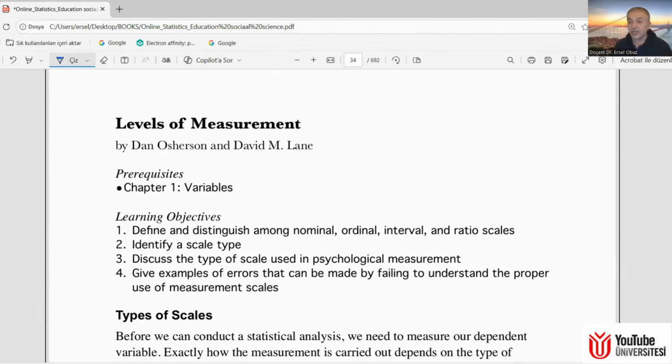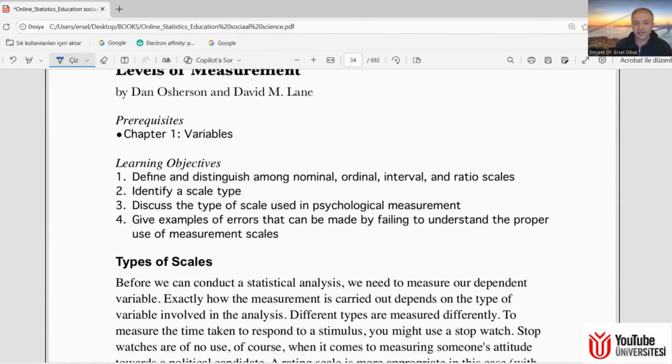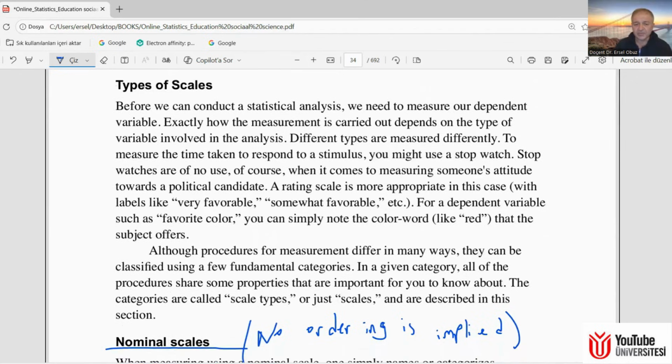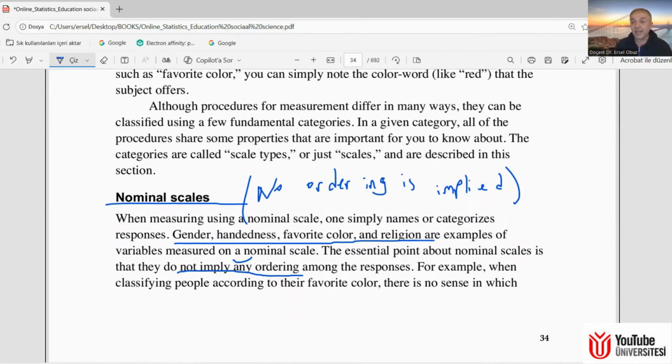We may also talk about level of measurement, another important concept. We have types of scales. We have nominal scales. When we say nominal, it means there is no order, and the variable is going to be qualitative.